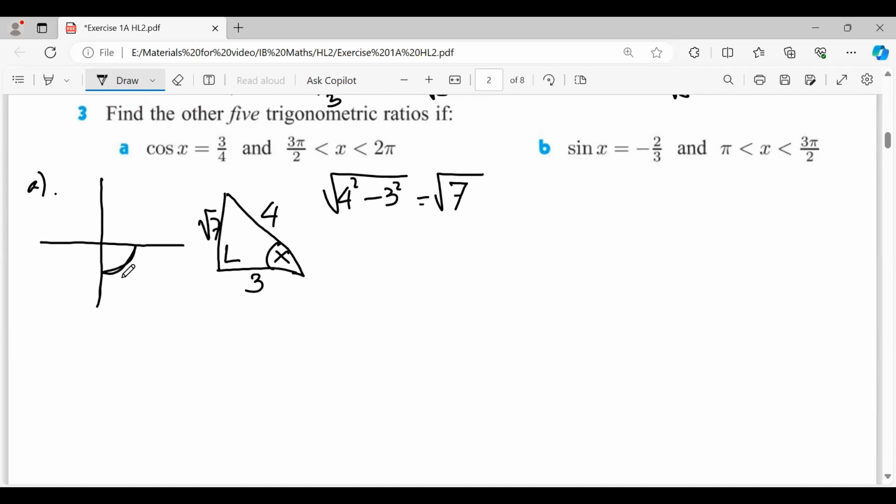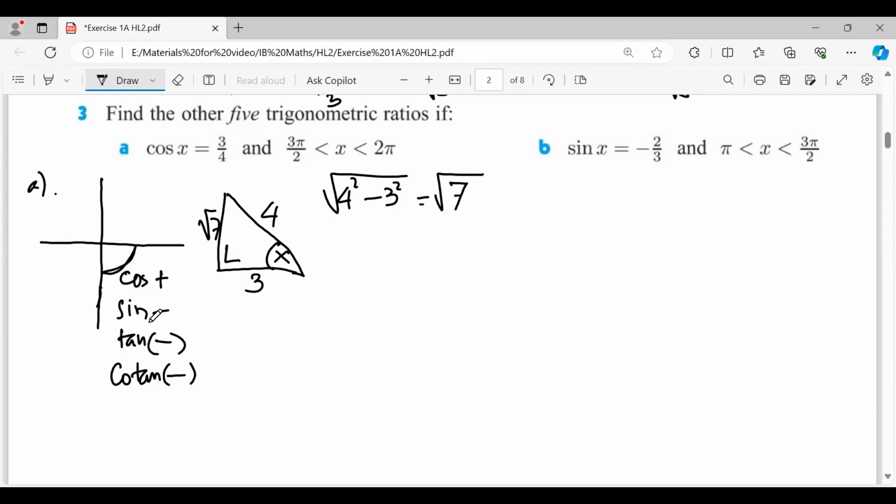On this quadrant, cosine is positive. Okay. Sine is negative. Okay. Tangent is negative. And then cotangent as well negative.